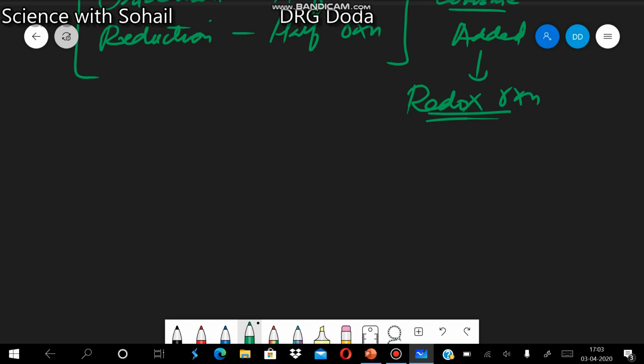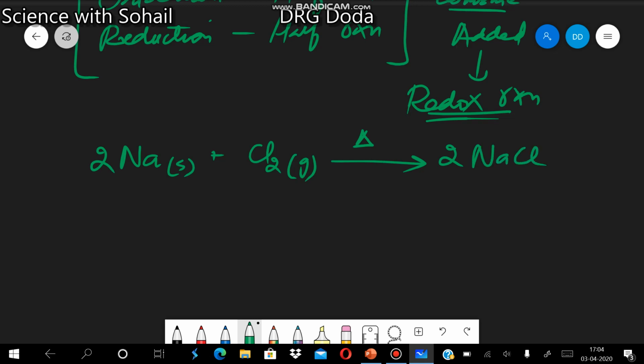Now see a complete redox reaction. When sodium metal is heated with chlorine gas, what is formed? We get NaCl, sodium chloride, as the product.